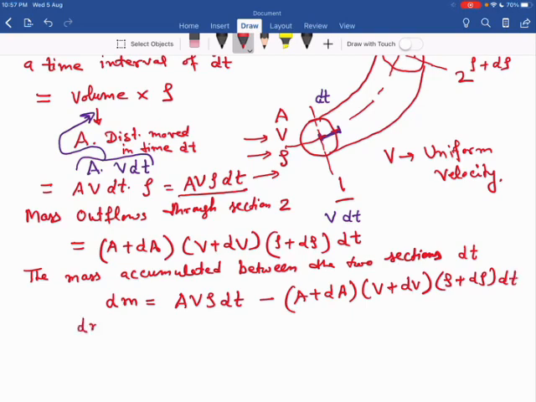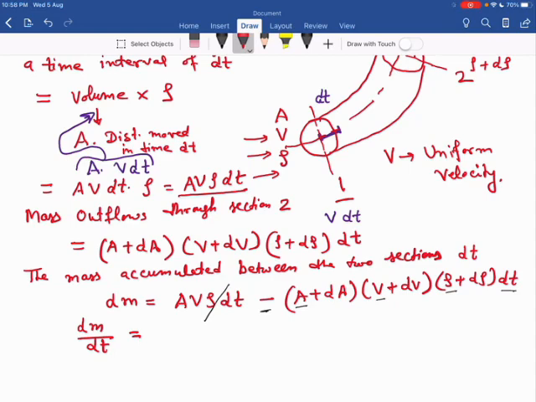Then dm upon dt, taking dt to the other side, is equal to, now here you see, you have one term A V rho dt with a negative sign, so that cancels with A V rho dt.